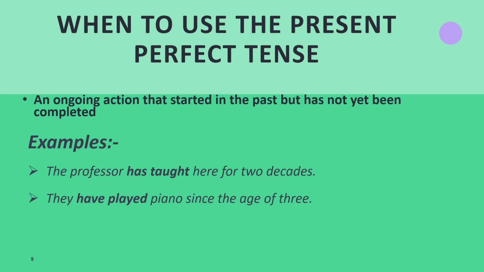And the next use is an ongoing action that started in the past but has not yet completed. It means the action has started in the past but it still continues in the present. This is mostly used to define the experience.